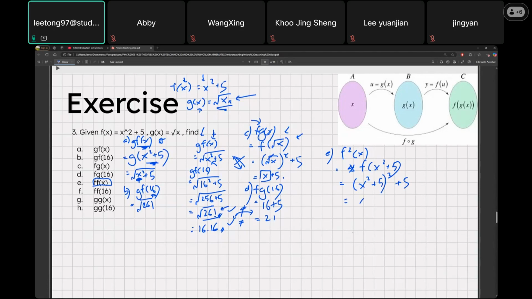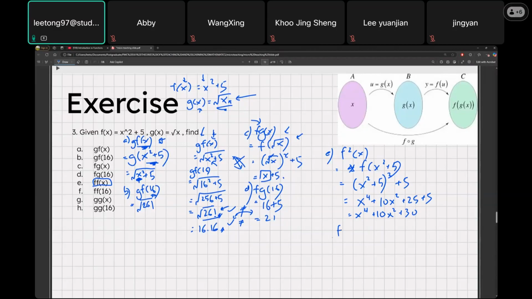You get x power 4 plus 10x squared plus 25 plus 5. Okay, this is same as the last question.